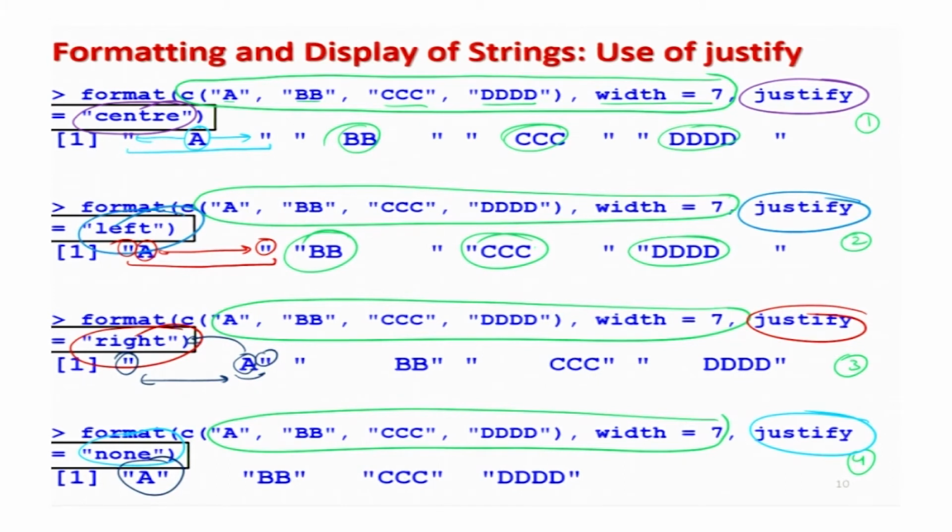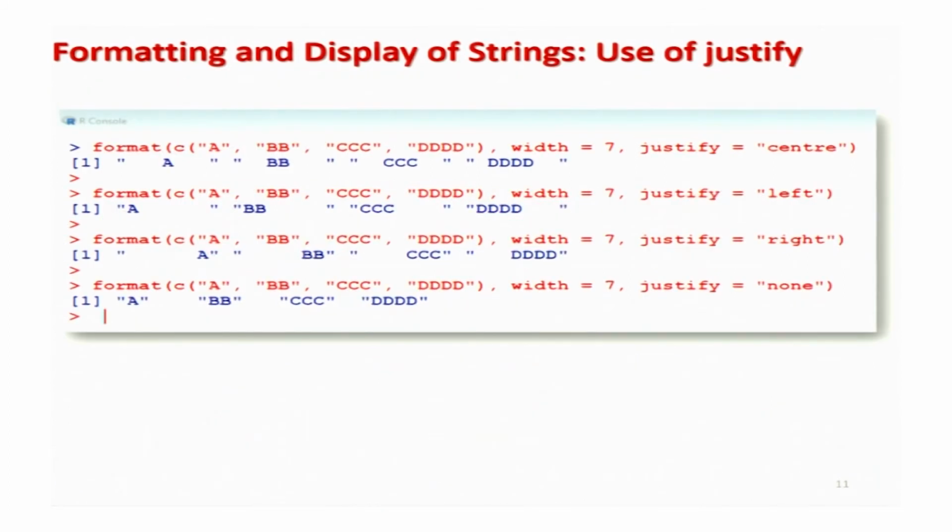In case number 3, where you choose the option right, all the values are on the right hand side of the double quotes. And in the fourth case you have not chosen any, so these are printed as default. This is how the outcome changes.